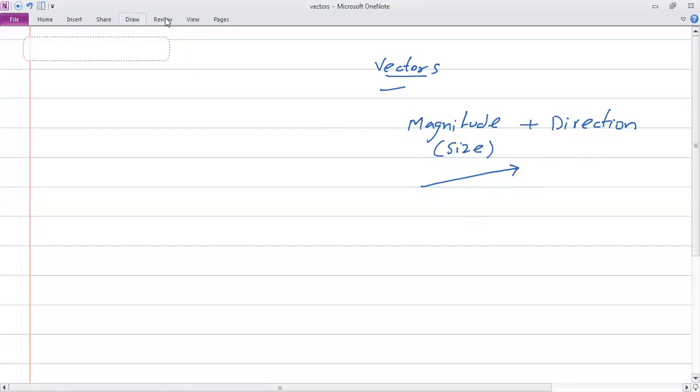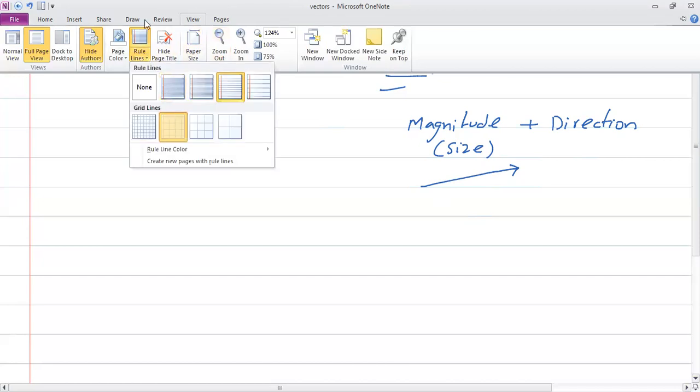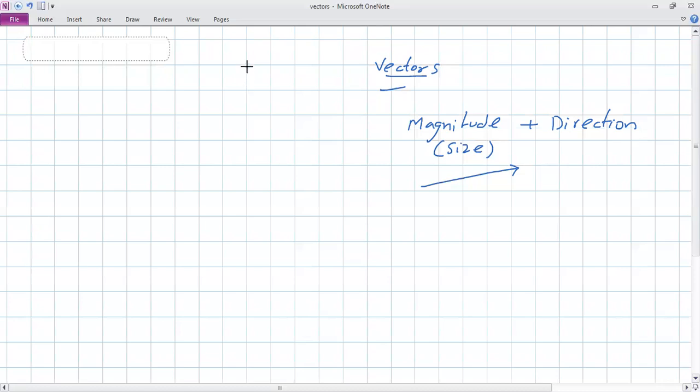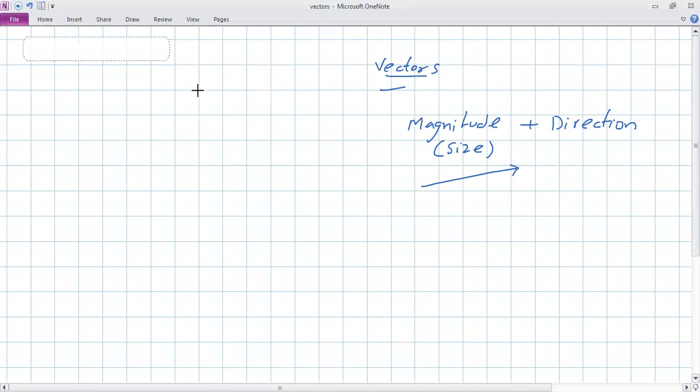In our coordinate system, if I take these as the coordinate axes, you know very well now about the coordinate axes.